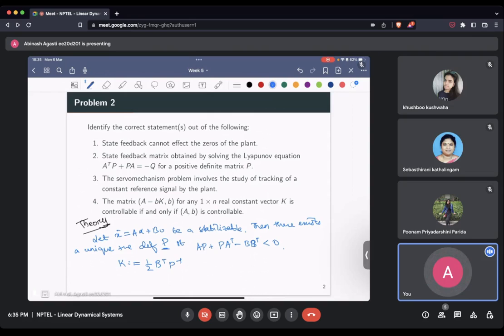Now, for this P, I know this is true. So what I'll do is I'll just try to rewrite this.